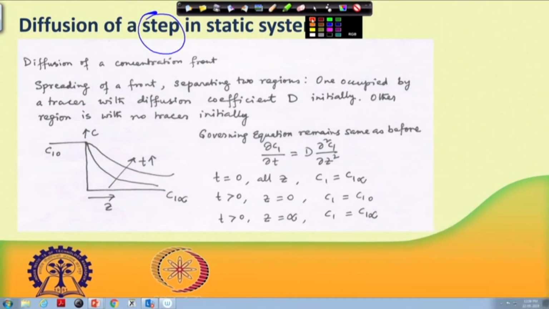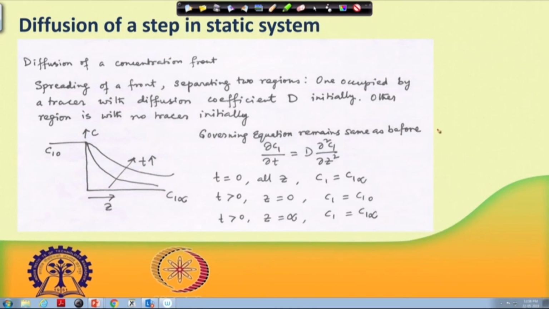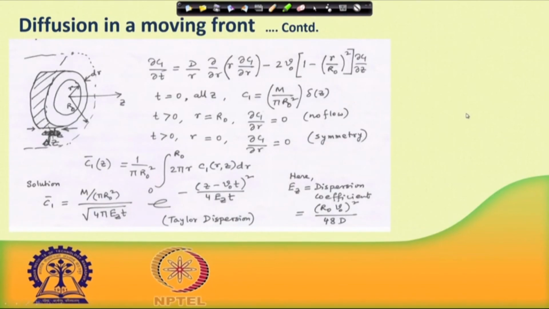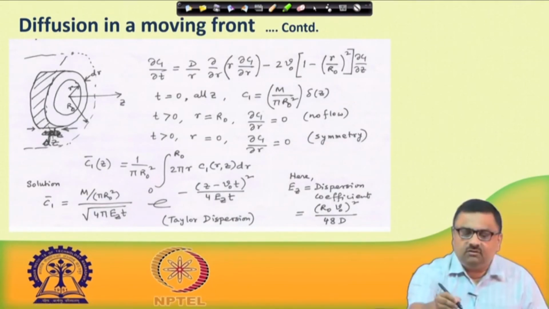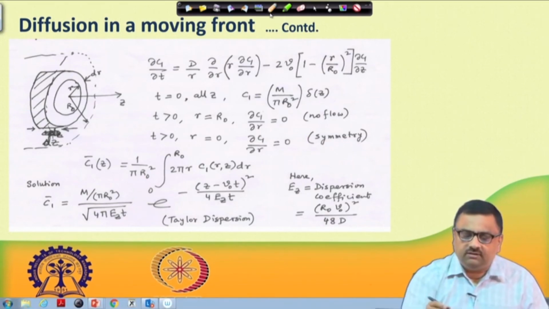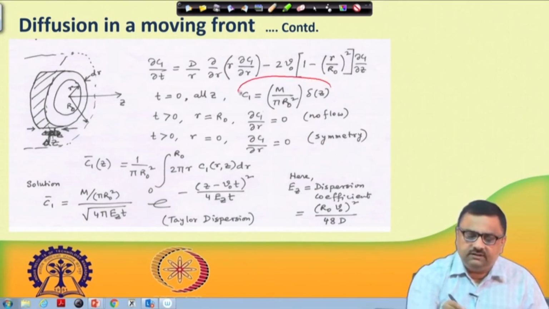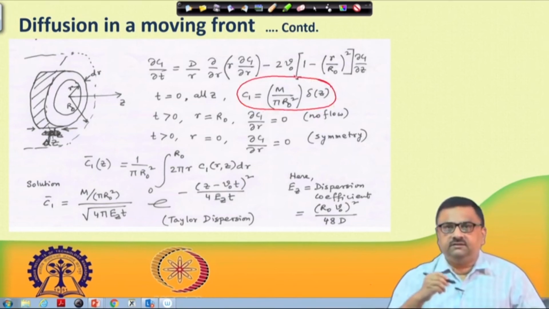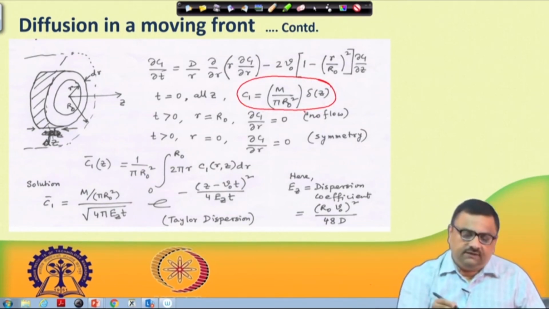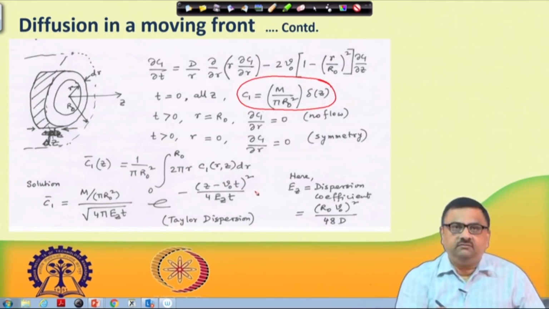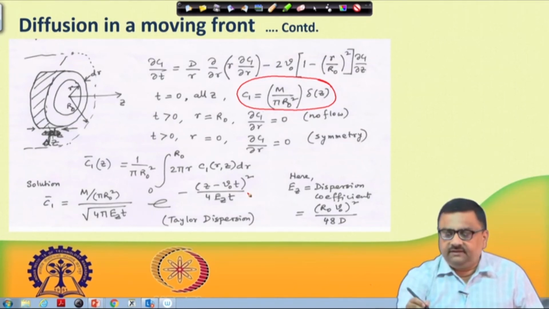Diffusion of a step change, mind it. So earlier what did we do? Earlier we studied diffusion of a pulse. All along we have been talking about a pulse. Initially this is the Dirac function, and we tried to see how this Dirac function would behave.